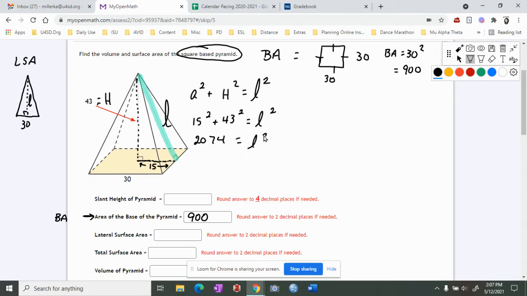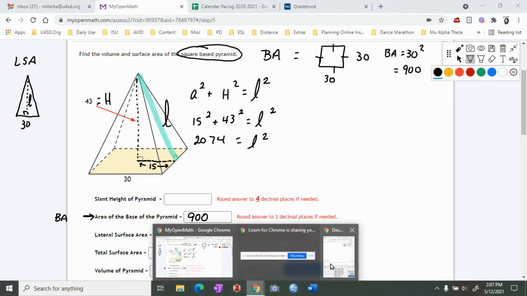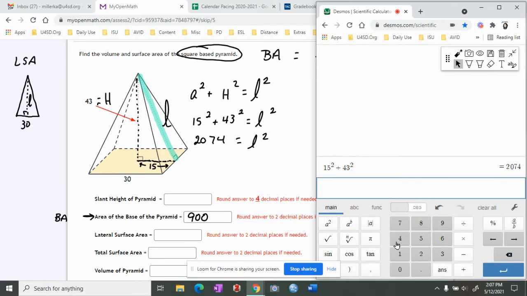That is my slant height squared. Now I need to take the square root of 2074, and here we are going to round to 4 decimal places.